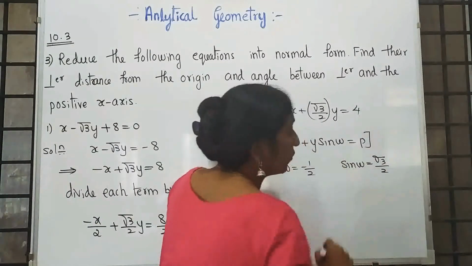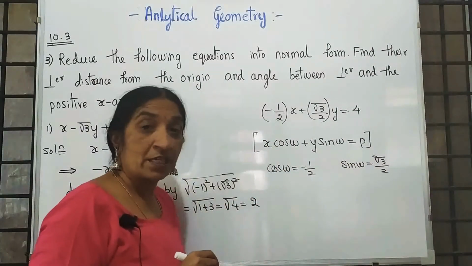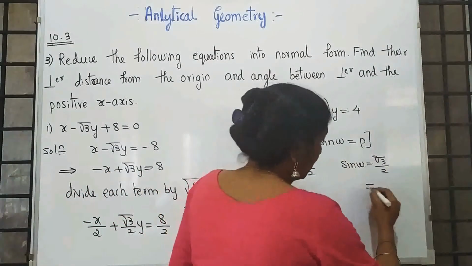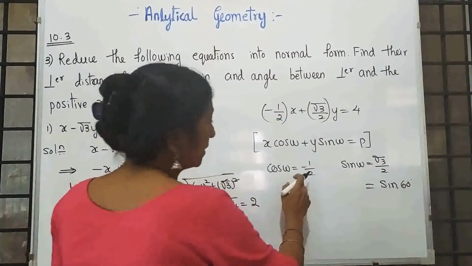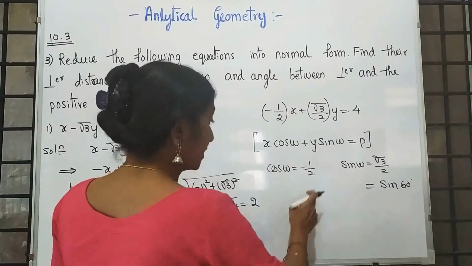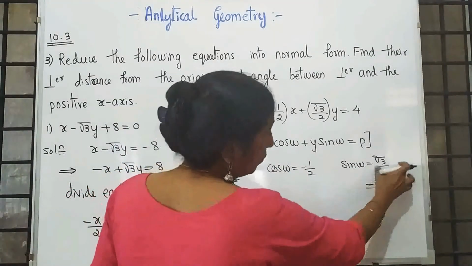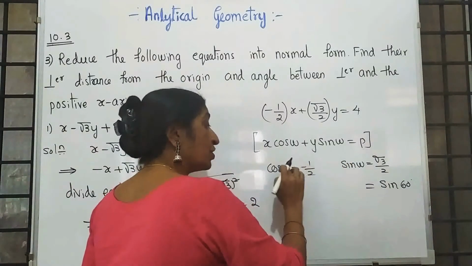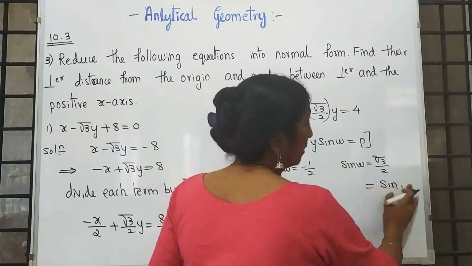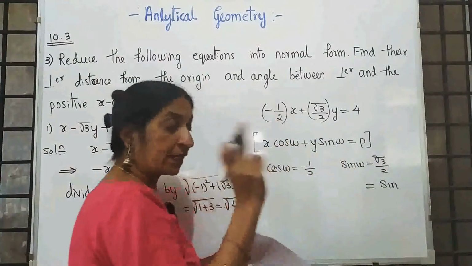Here, for what value of sin are you getting root 3 by 2? It is sin 60 degree. And here we cannot write that as 60 degree because cos is negative. If you write 60 degree, it comes in the first quadrant. But sin is positive, cos is negative, means we have to write the value for the second quadrant.